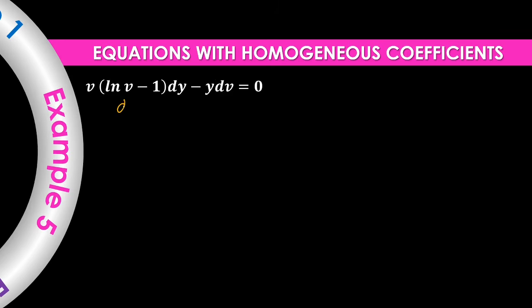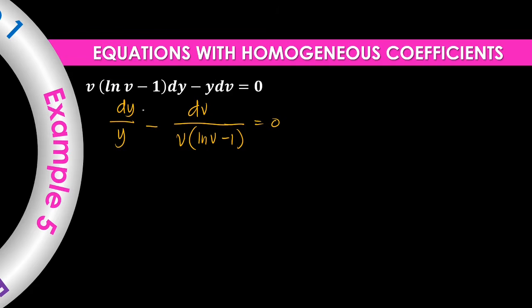So here I will get dy over y and then minus dv over all the terms containing v. So that's v times ln of v minus 1 equals 0. So the next step is to integrate the equation so that we can get the general solution.